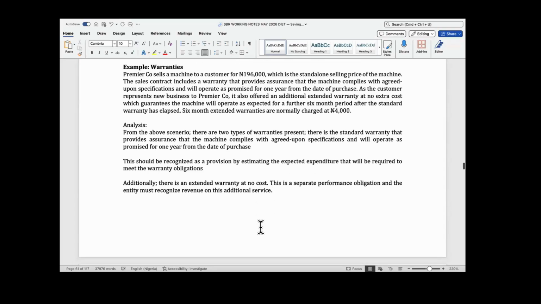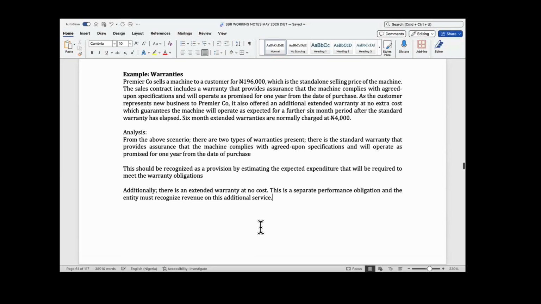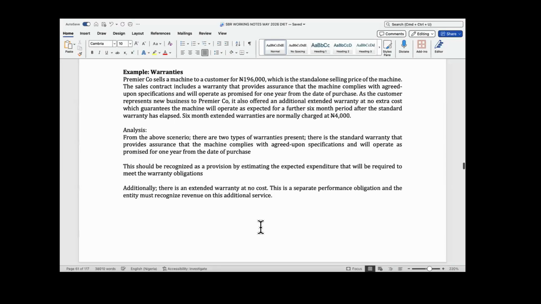So this is where step 4 of that 5-step model comes in, where you allocate the transaction price to the separate performance obligation.